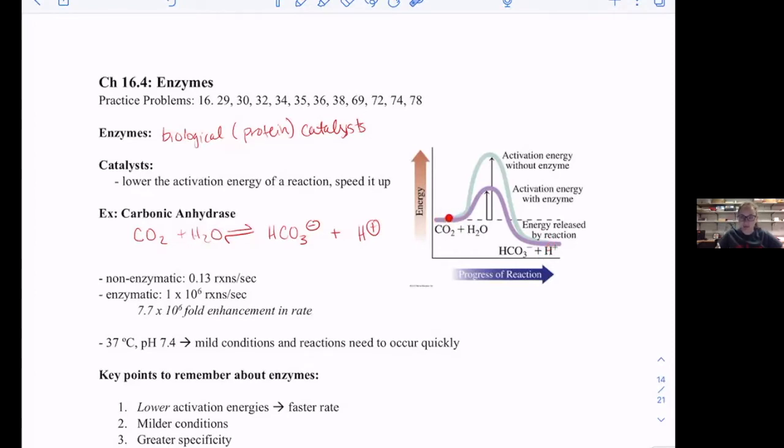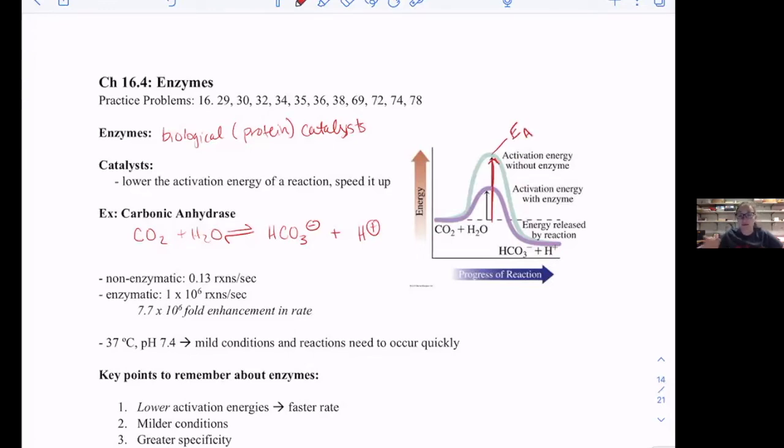So the greenish blue line is the activation energy without the enzyme. It requires, I don't know what units these are, this amount of energy input in order to get the reaction to occur. So this is the energy of activation.